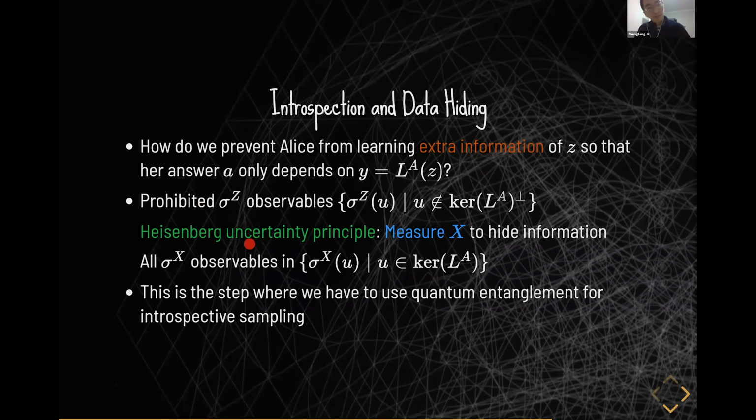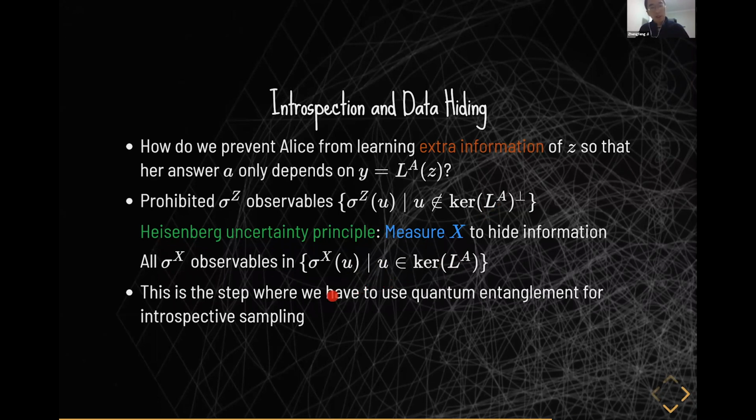So basically, it's a use of the Heisenberg uncertainty principle, and the way we prevent Alice from learning extra information is that sometimes we enforce Alice to measure X on this information to try to erase the information in the Z basis. And if you do some algebra, you would be able to tell that in order to hide this information beyond LA of Z, what you need to measure is this sigma Z measurement for U in the kernel of the linear function.